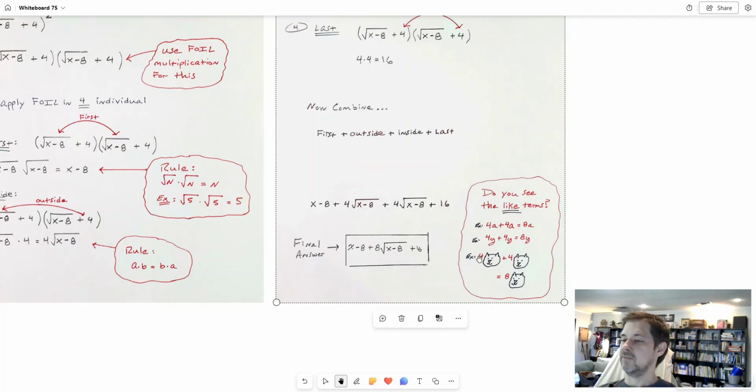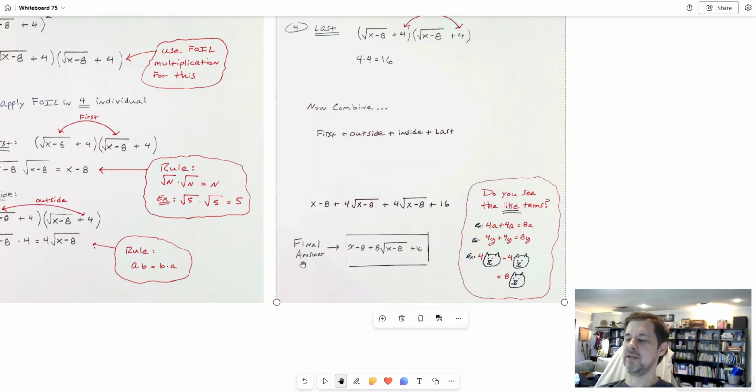I could say 4 drawings of a cat plus 4 drawings of a cat is 8 drawings of a cat, just by combining like things together. They match, and 4 makes 8. So even though that root x minus 8 might seem too complicated to apply this to, it's all symbolic. I can apply it to my cat picture if I want to. So that's how I get x minus 8 plus 8 root x minus 8 plus 16.